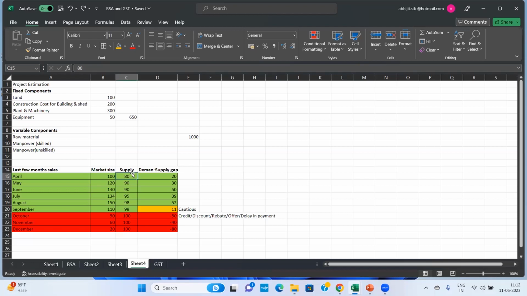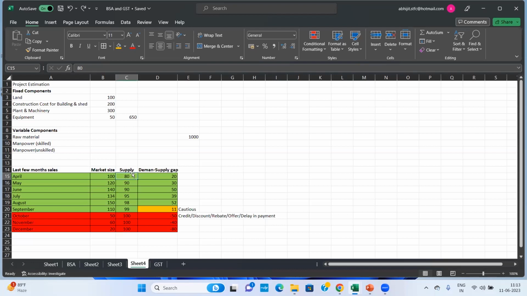Can you connect with something which I told you as a limitation of ratio analysis? What is that limitation? Past data, correct. Past data, right. Yes, it is historical analysis, Deepak.